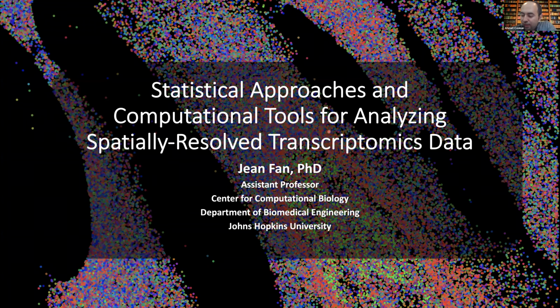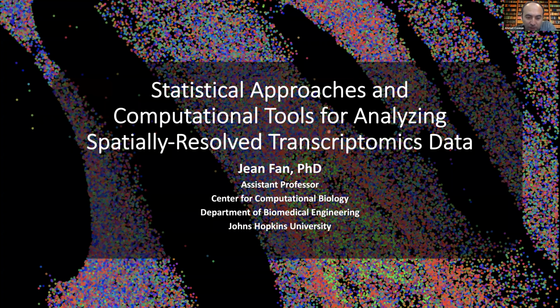Briefly, Dr. Rong Fan received her PhD in the Bioinformatics and Integrative Genomics program from Harvard Medical School in 2018. Then she performed her postdoctoral fellowship at the Chemistry and Chemical Biology and Physics Department at Harvard University with Xiaowei Zhuang. After 2020, she started her lab at Johns Hopkins University, and she's currently a biomedical engineering assistant professor.